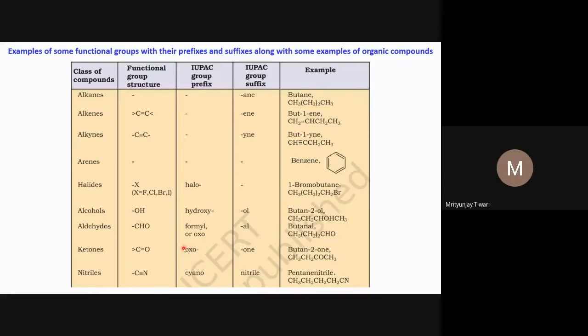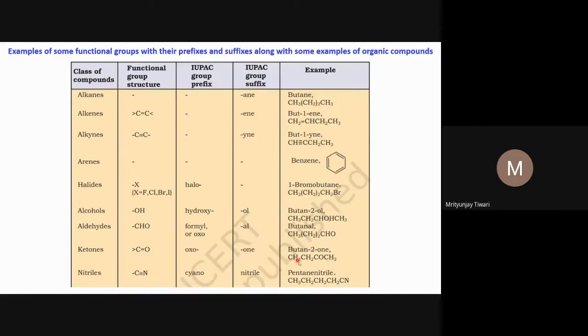And this double bond O is only something one can consider as a substituent or a branch, and so oxo is used as the IUPAC group prefix, and the IUPAC group suffix for the ketone group is one. ONE, it is not read as one, it is read as on.